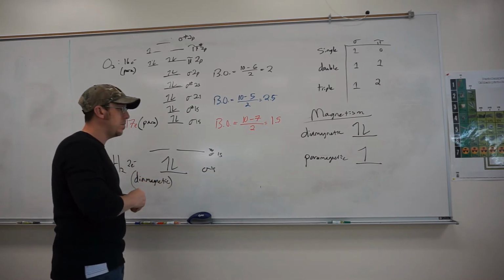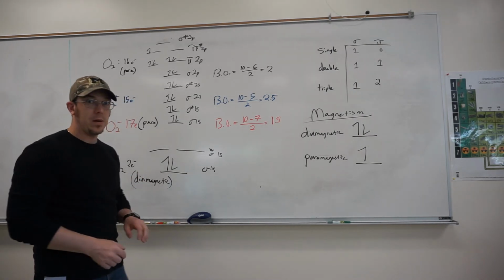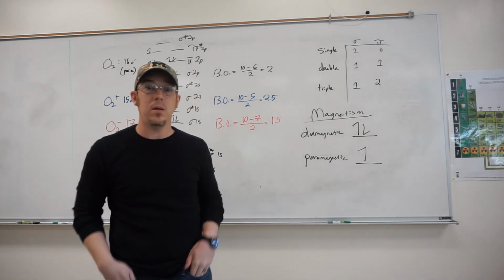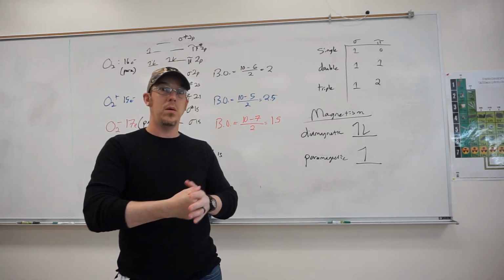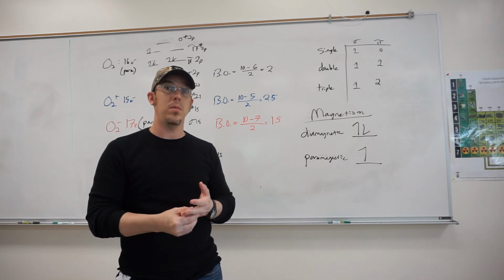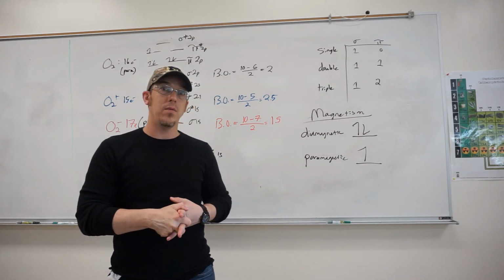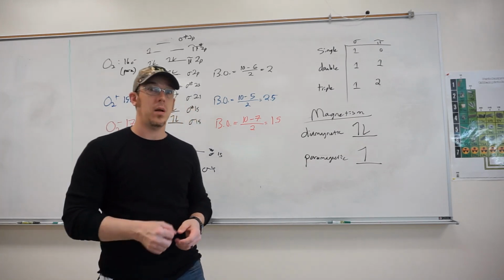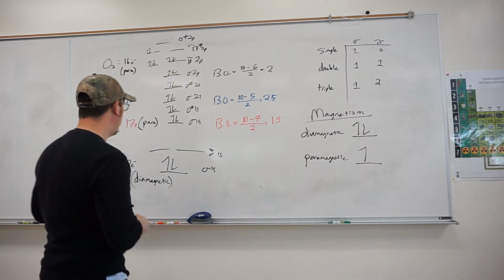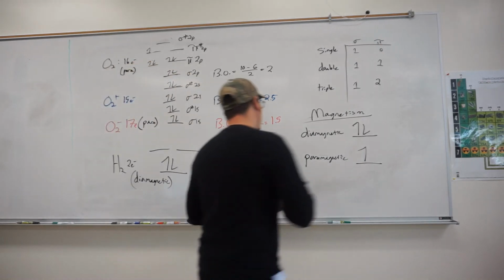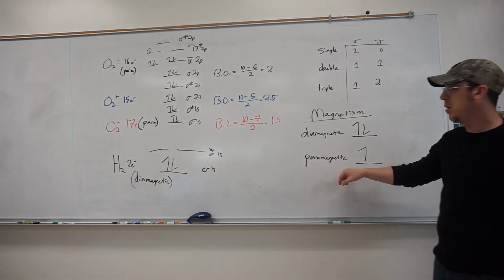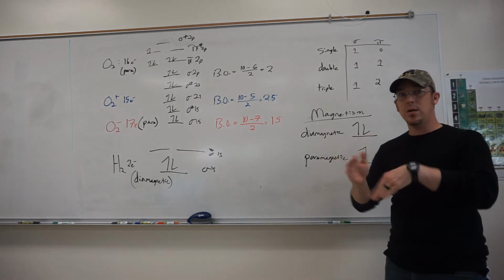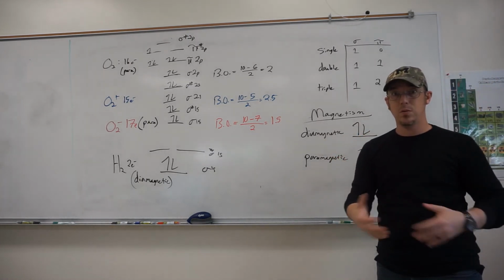So what exactly does this mean? Think about iron and think about aluminum. Iron, if you take a magnet, it sticks to it. You can pick up any steel that has iron in it because it's magnetic. However, if you take a magnet and you put it next to a piece of aluminum, it's not going to pick it up. So when we talk about iron's magnetism, iron would be paramagnetic and aluminum would be diamagnetic, because the electrons are trying to go towards the magnetic field, which is the north and south poles.